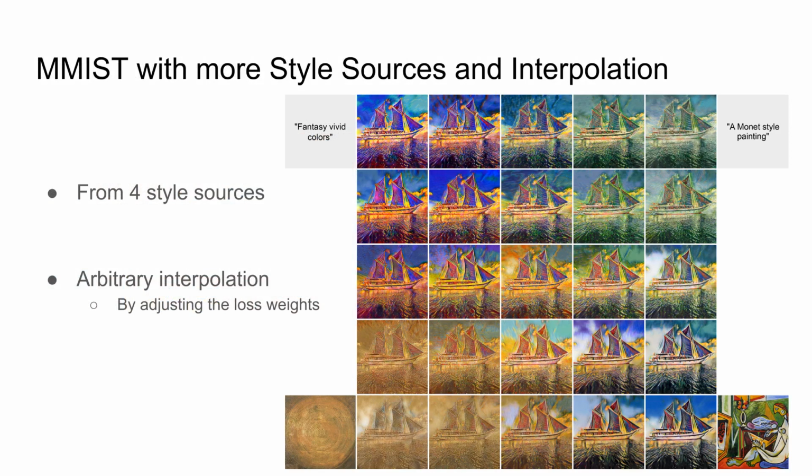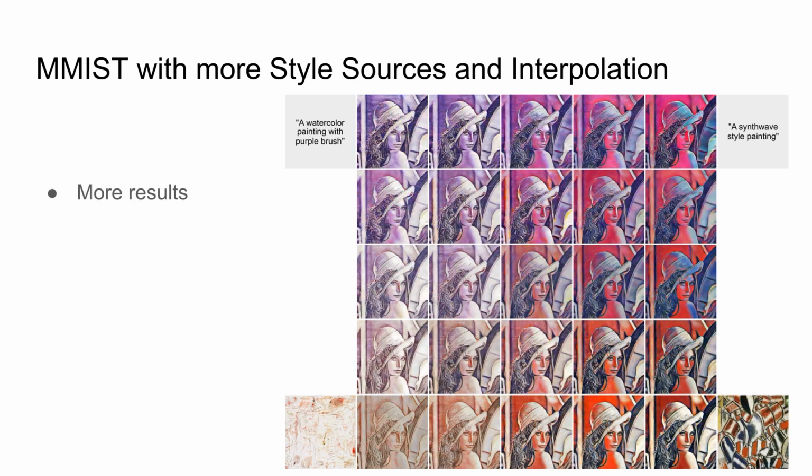We showcase stylized images with varying style interpolation ratios derived from these 4 styles. This flexibility in arbitrary style interpolation is conveniently attained by adjusting the loss weights in our style-specific CLIP loss. Here is another example.